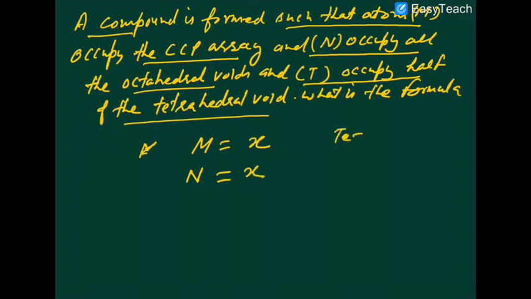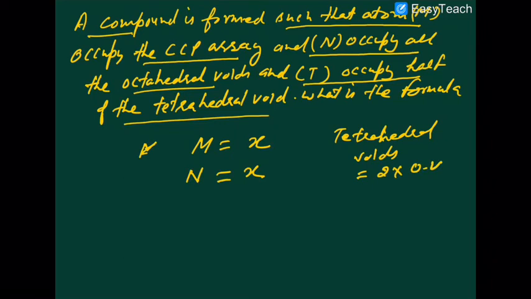Now total tetrahedral voids are 2 times octahedral voids.